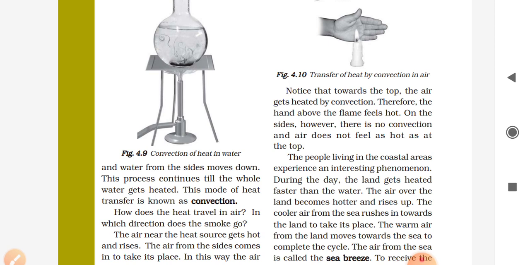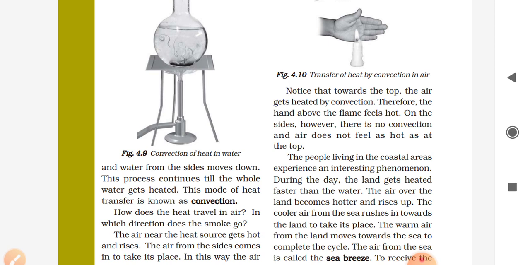Convection means the hotter part of the water goes in the upward direction, and the colder part of the water goes in the downward direction, where it gets the heat. It is a continuous process of going upward and downward. It's not that only the water on the upper side goes.